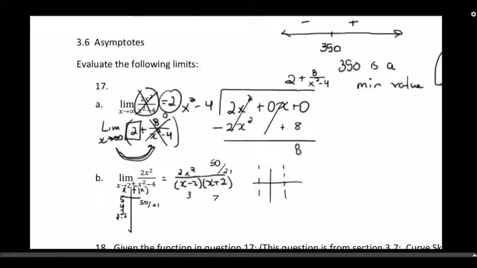If x is 4, let's see, 4 squared is 16. 16 times 2 is 32. 4 minus 2 is 2. 4 plus 2 is 6. That's 12. 32 divided by 12.